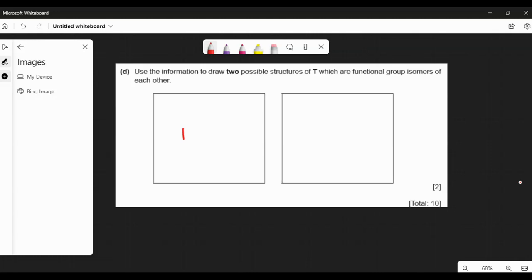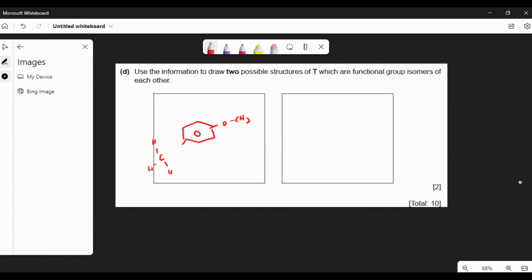Now, I don't think I've looked at this enough, have I? CH3, and we could have an O there. We could have a C. That's not right though, is it? Okay, so we're going to get rid of that and go back to this.